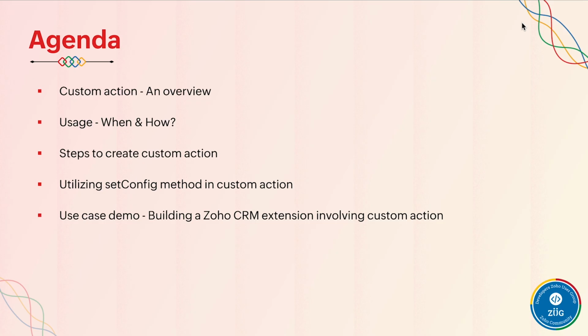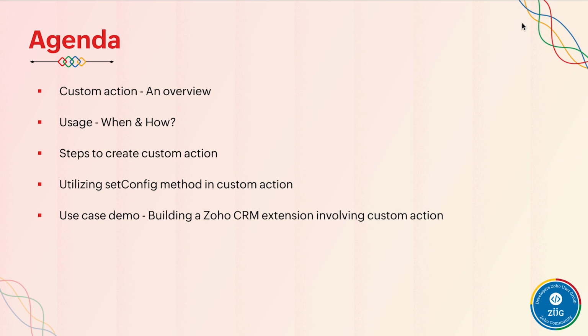Then we'll explore an important method called setConfig and the vital role it plays while you're creating the custom action as part of your CRM extension. And finally, we'll conclude with an example use case demonstration of building a Zoho CRM extension where we'll be utilizing this custom action feature. This is the agenda planned for today's session.